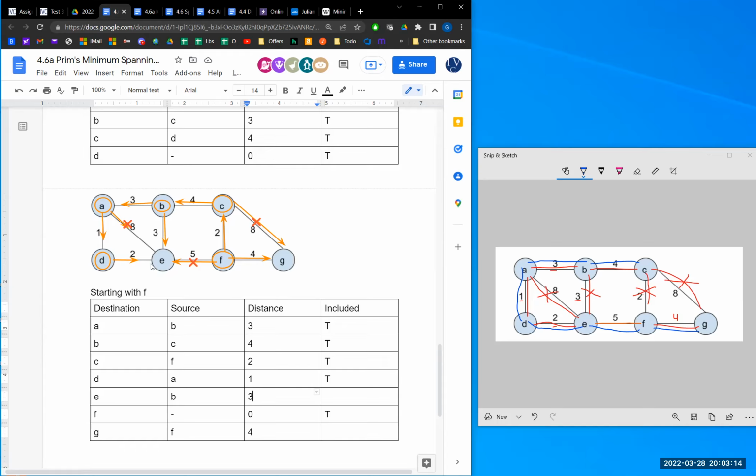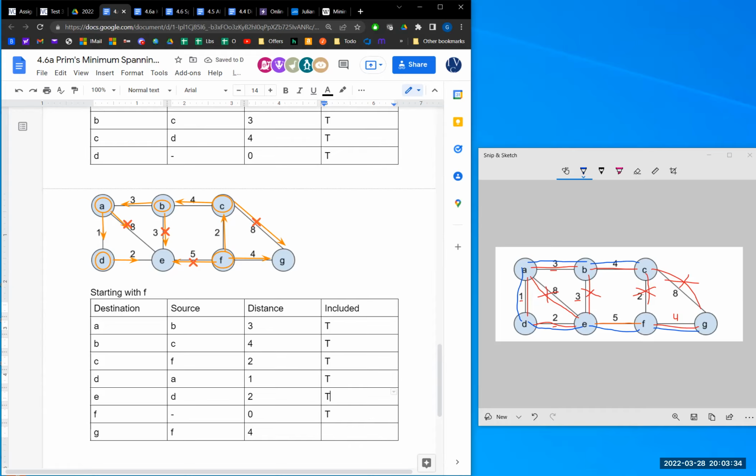We're only going to keep one potential edge into any vertex at any given time with this table. And the one we want to keep is the smaller of them. So to get to E, we'll keep our 2 data point. Make our choice between 2 and 4.